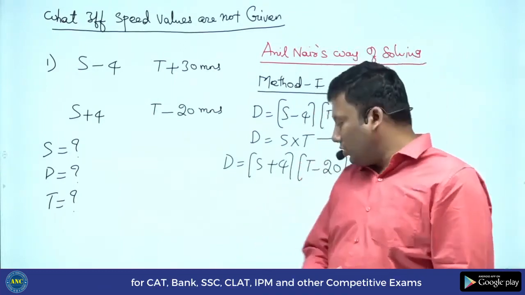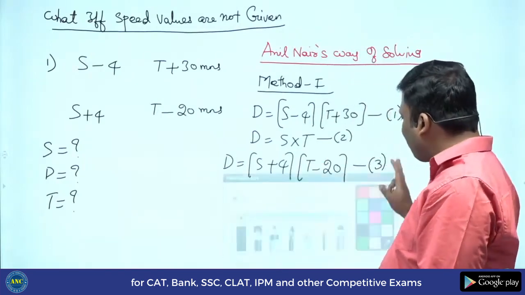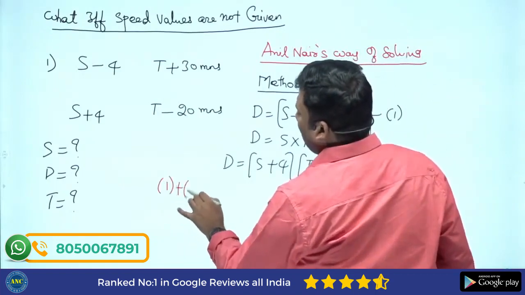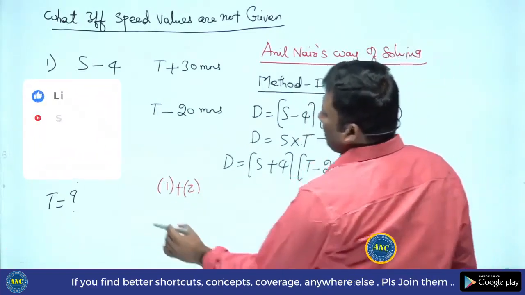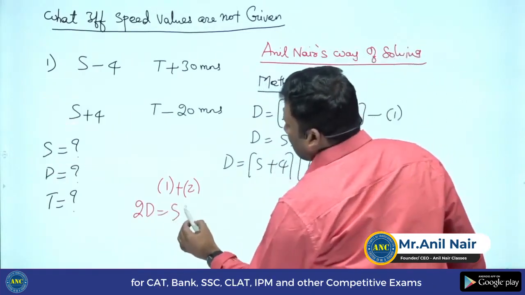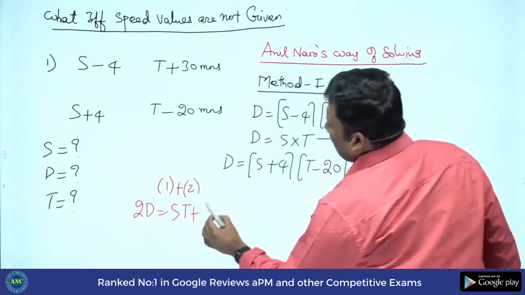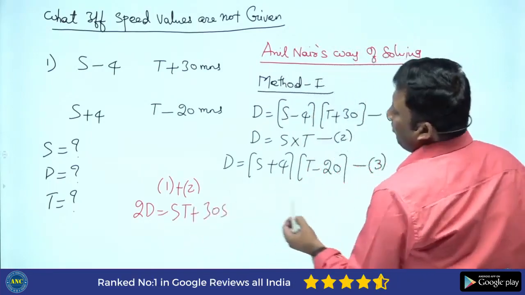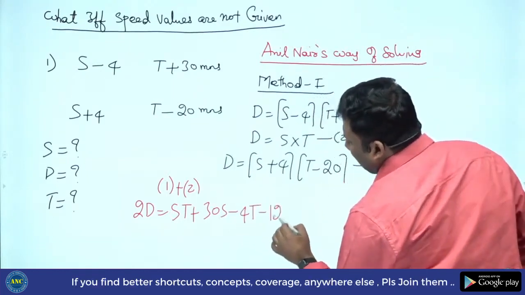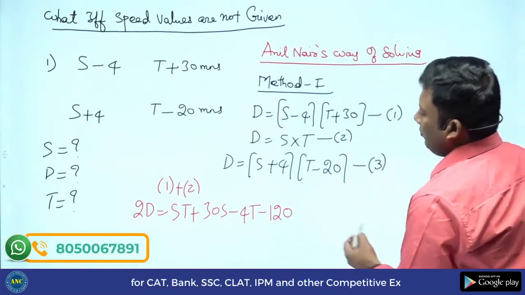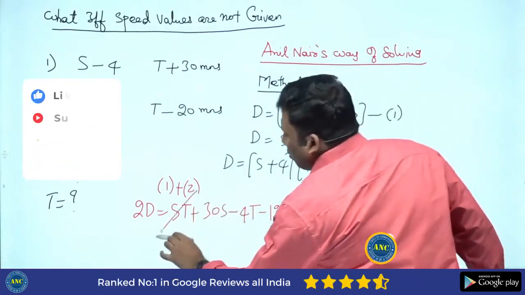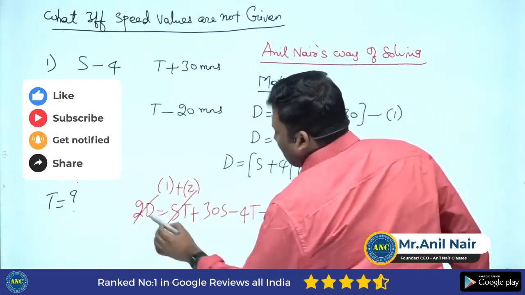Equation 1, equation 2, and equation 3. Now listen carefully, how generally textbooks will solve. 1 plus 2. If I do 1 plus 2, d plus d, it is 2d. S into t, it is st, plus 30 into s, 30s, minus 4 into t, minus 4t, minus 4 into 30, minus 120, plus s into t, st. So these speed into time, distance terms cancel out.